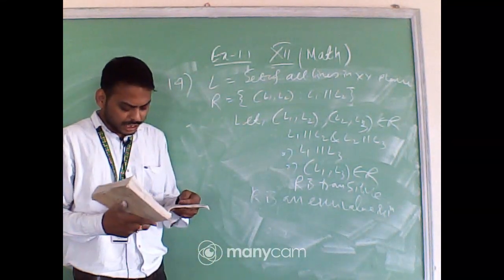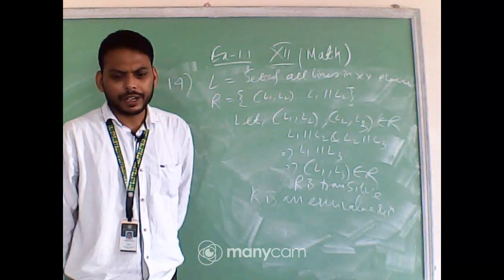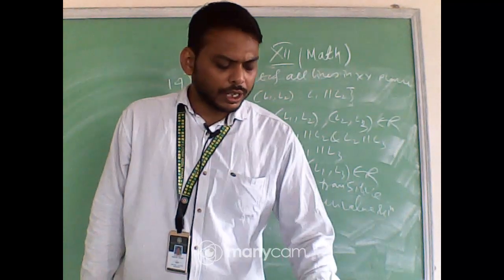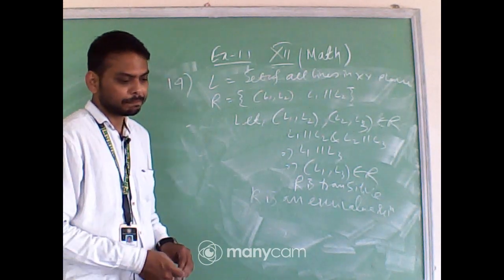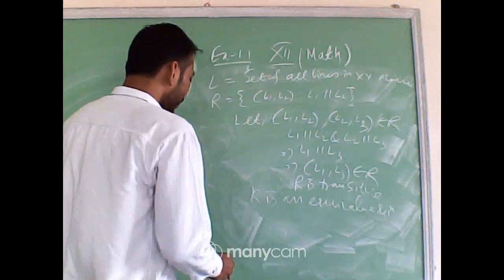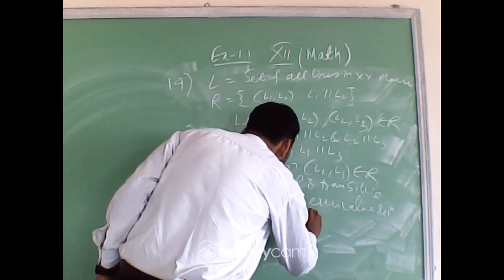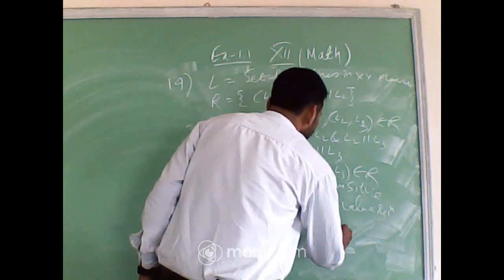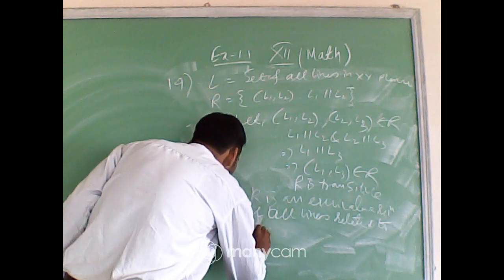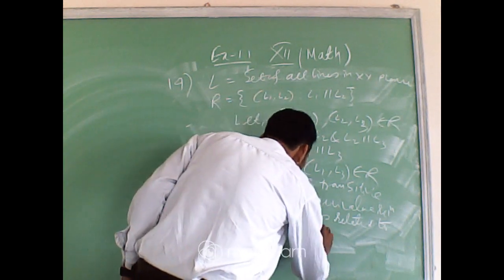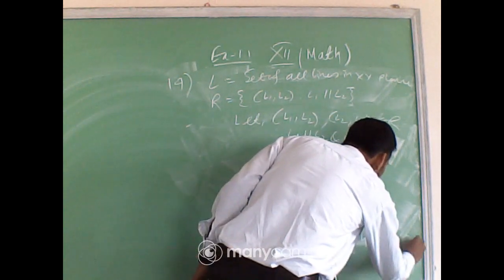Yes. Now the last portion of the question, find the set of all lines related to the line y equals 2x plus 4. The set of all lines related to y equals 2x plus 4 is y equals 2x plus k, where k is a real number.